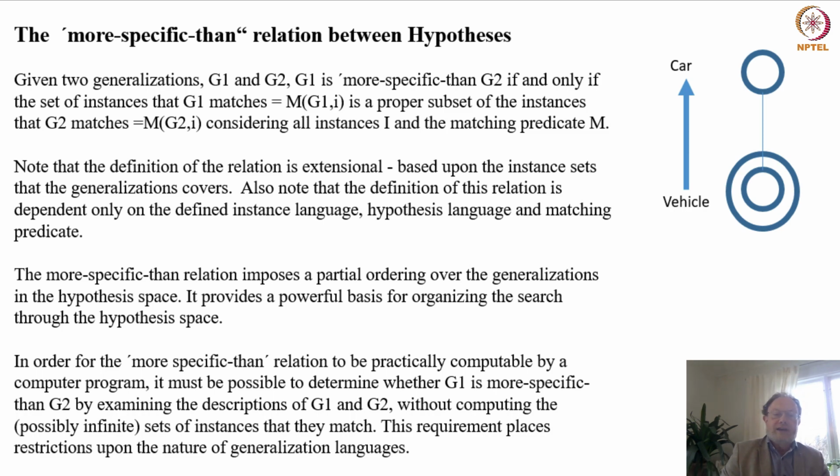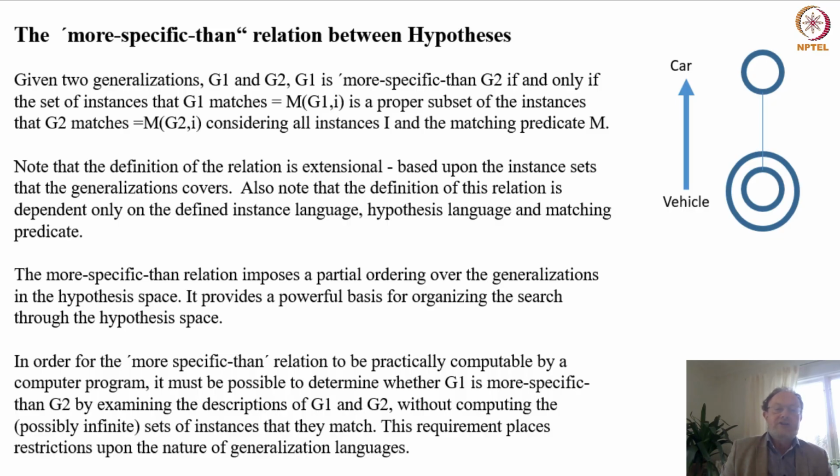Finally, one important fact is that in order for the more specific than relation to be practically computable by some program, it must be possible to determine whether G1 is more specific than G2 only by looking at the descriptions of G1 and G2, without computing all the sets of instances that they match.